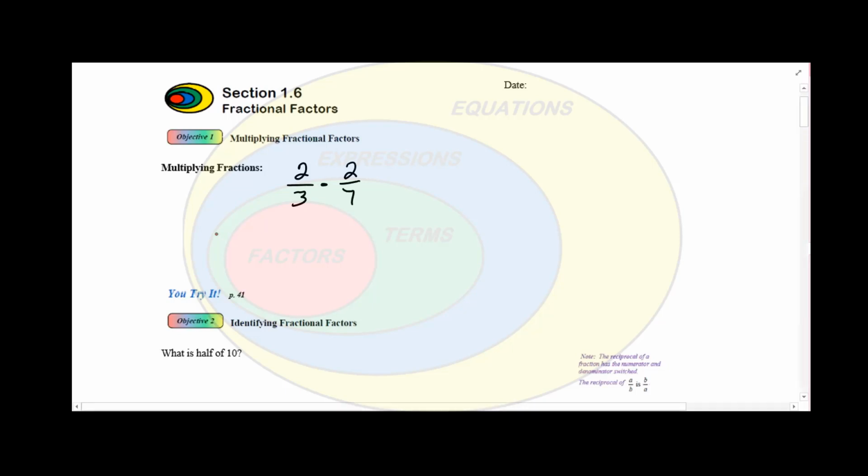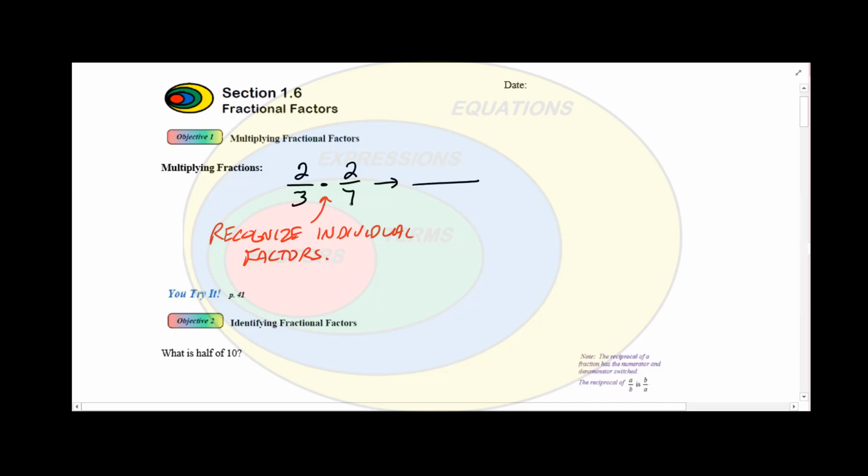So what I need to do is recognize individual factors, and it's because we're multiplying. So this is actually equal to, it's the same thing.